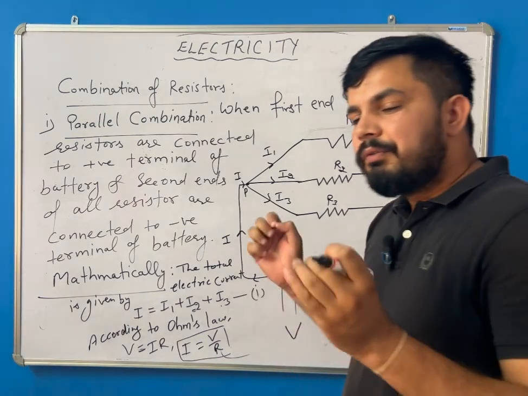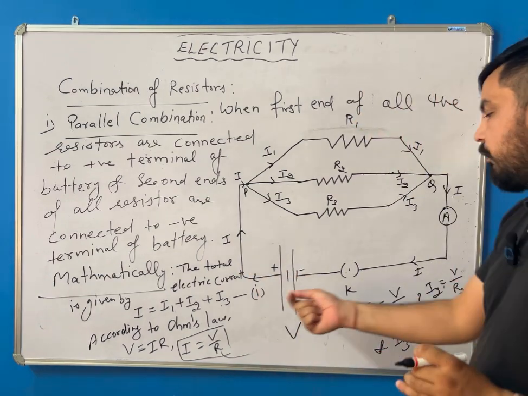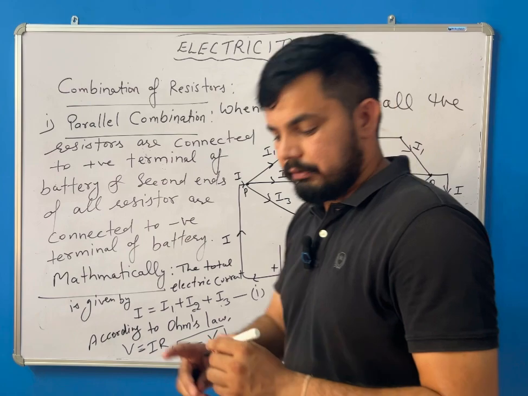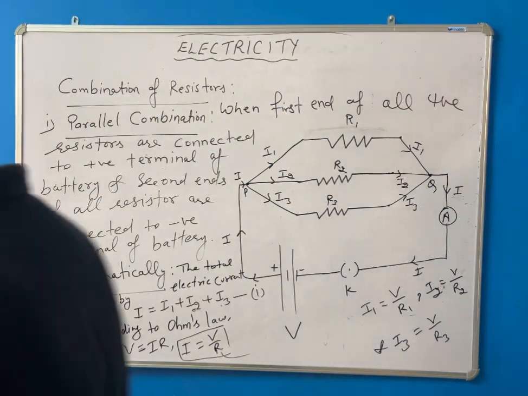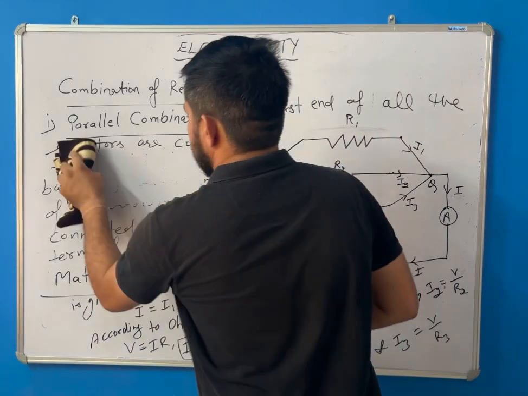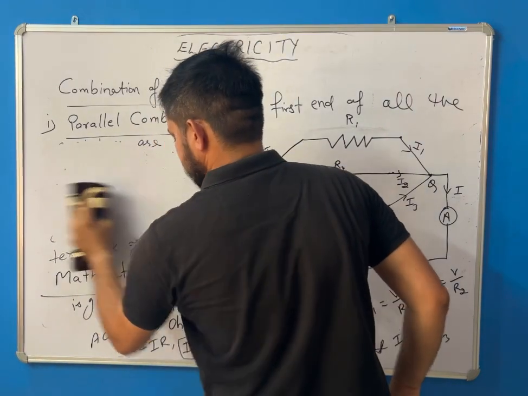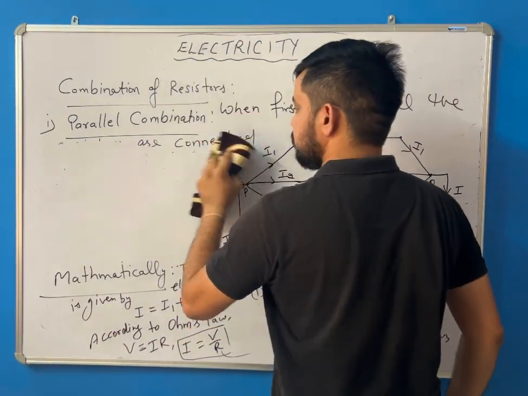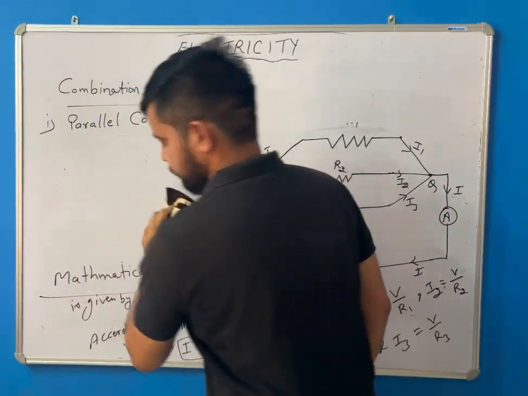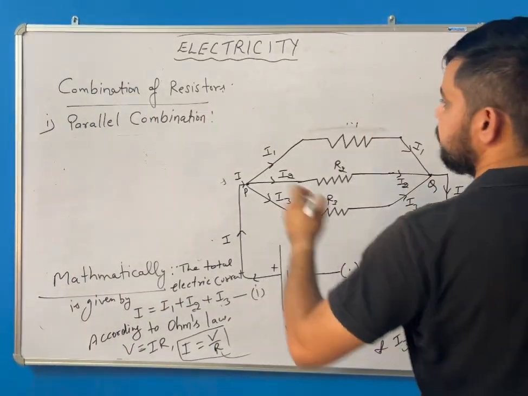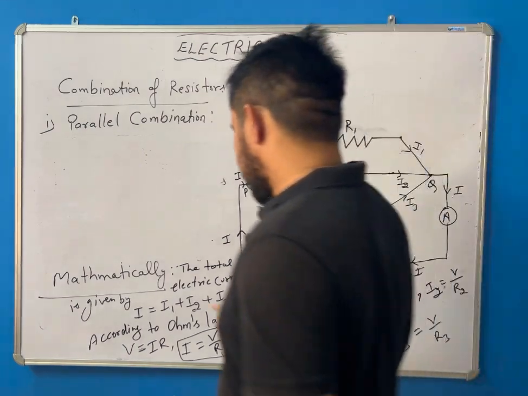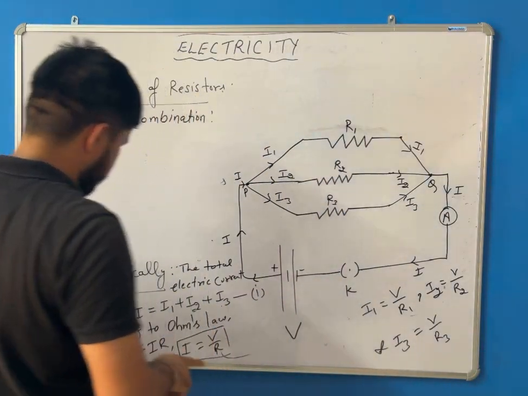Now what we have to do is put these values of I1, I2 and I3 in equation 1. So put the value of I in equation 1.